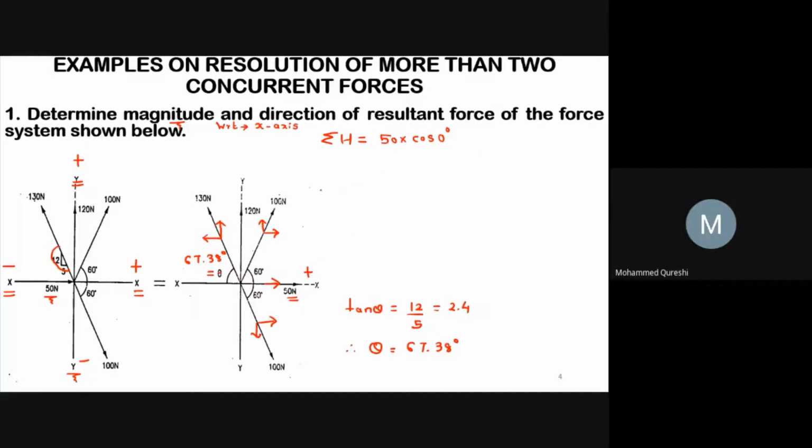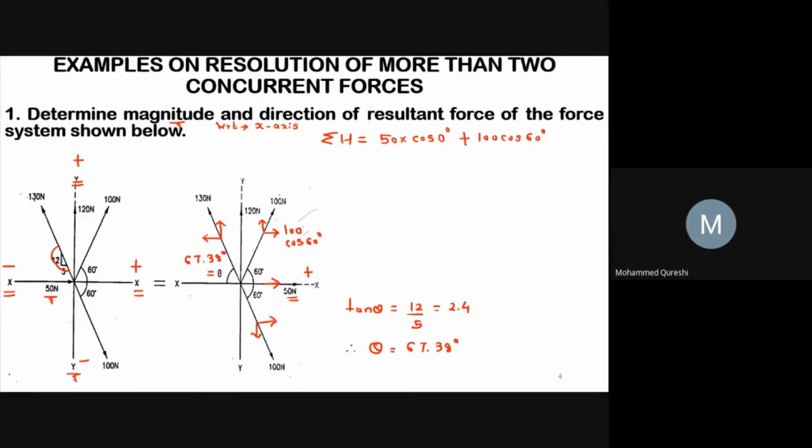Then for second case, this will be your horizontal component, 100 cos, making an angle 60 degree with the horizontal. So here 100 cos 60 degree, and this 100 cos 60 is in first quadrant, means here it will be your positive. So plus 100 cos 60.